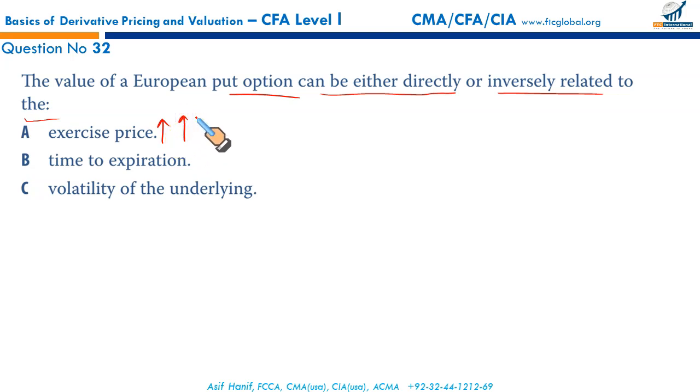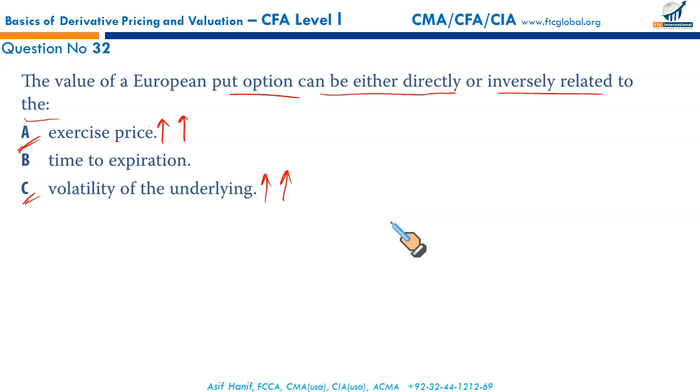So direct proportion always. Volatility of the underlying: if there is more volatility in the underlying, the value of the put option would be higher. So A and C will always be in direct proportion. But time to expiration: first, when there is more time till expiration, it will increase the value of the put option in most cases.